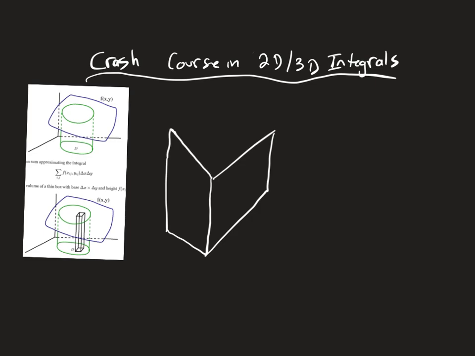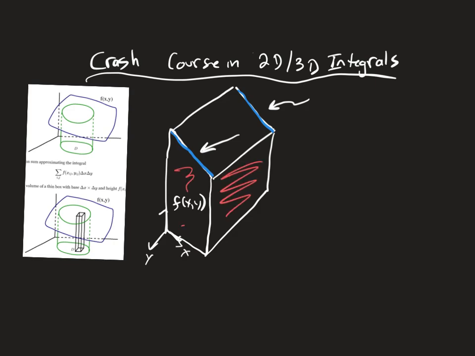You could find the equation of the line that governs the angle of the roof, and then integrate that over the xy coordinate system down there. That function, f of x, y, governs the angle of the roof. So finding the volume of the inside could be an application of this.